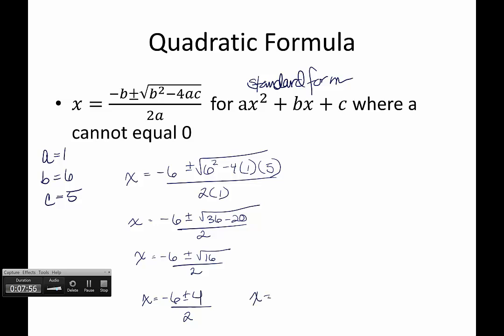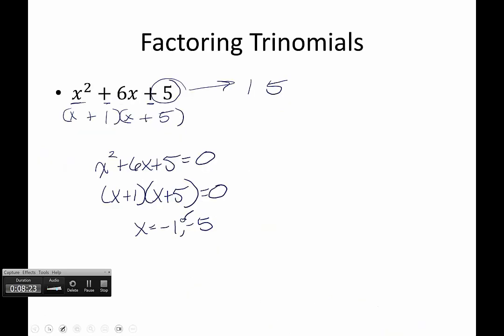So x equals negative 6 plus 4 over 2, or x equals negative 6 minus 4 over 2. So this is negative 2 over 2, that is x equals negative 1, or x equals negative 5. And that is what we got over here.